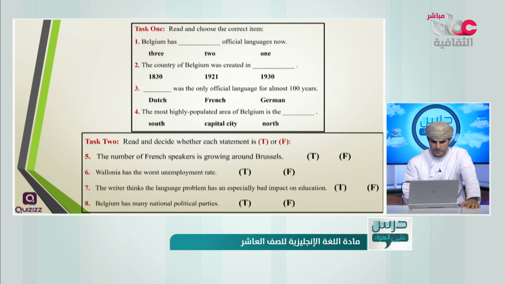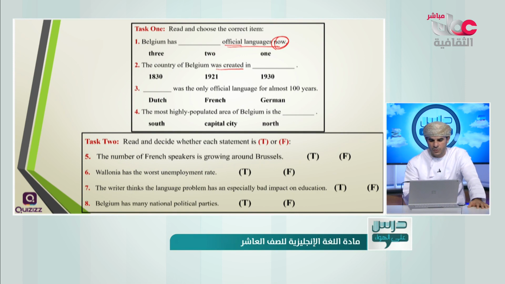So Belgium has 3, 2, 1 official languages now. How many official languages? The country of Belgium was created in, so created is a country. Which year? 1930, 1921, or 1830?